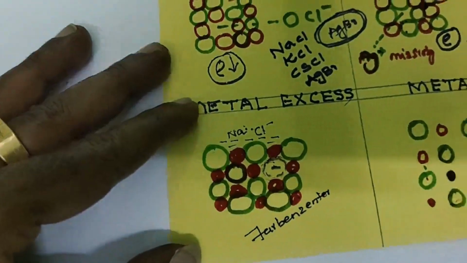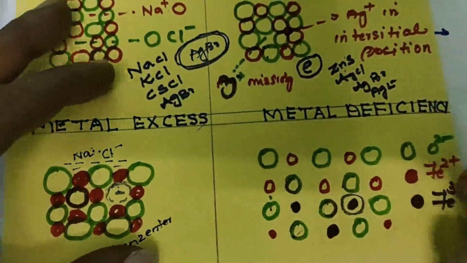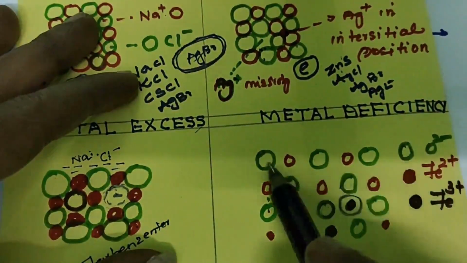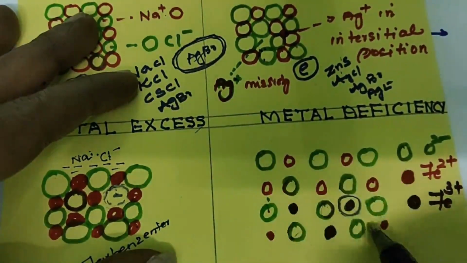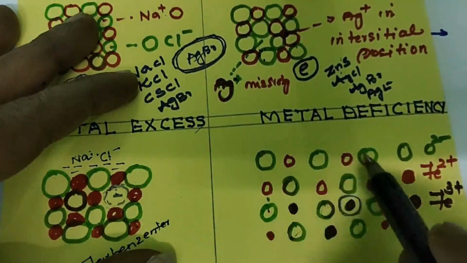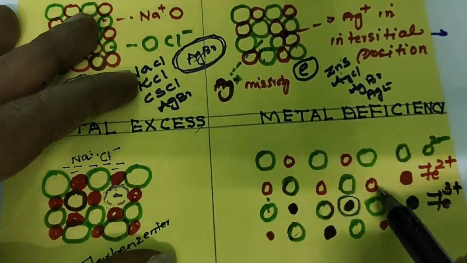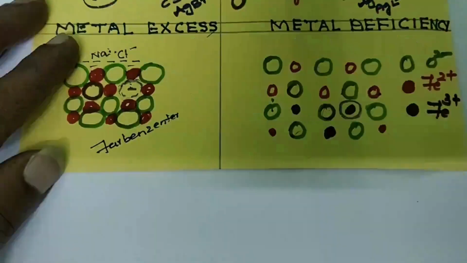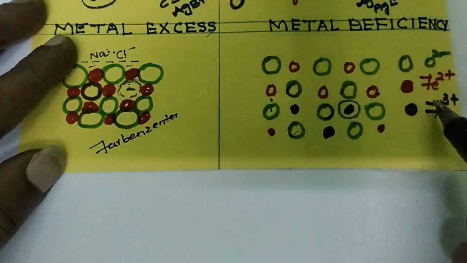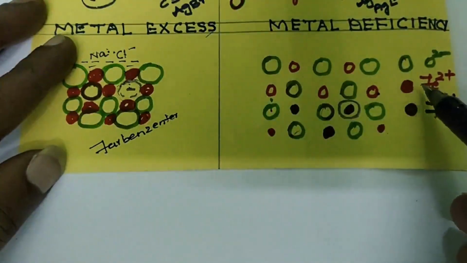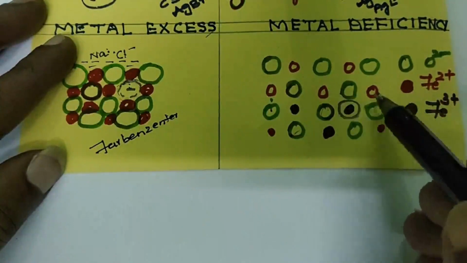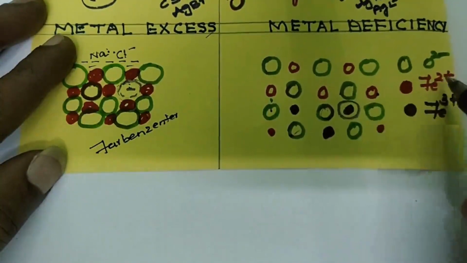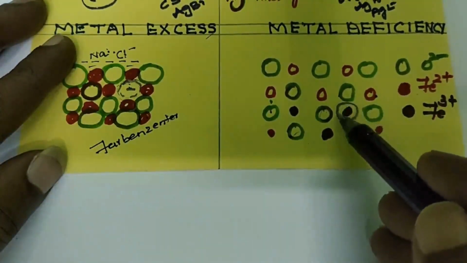Then the last defect, metal deficiency defect. Here the main important condition is that the metal ion possesses variable oxidation state. It is very, very important. The common example is FeO. One of the Fe2+ ions is missing.